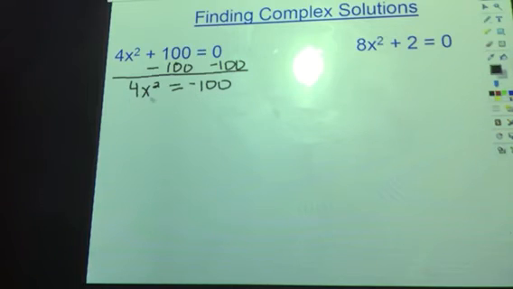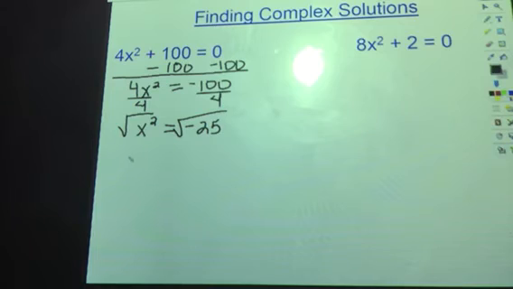Okay, I divide both sides by 4. And x squared is equal to negative 25. Okay, to solve for x, as we've done in the past, you take the square root of both sides.